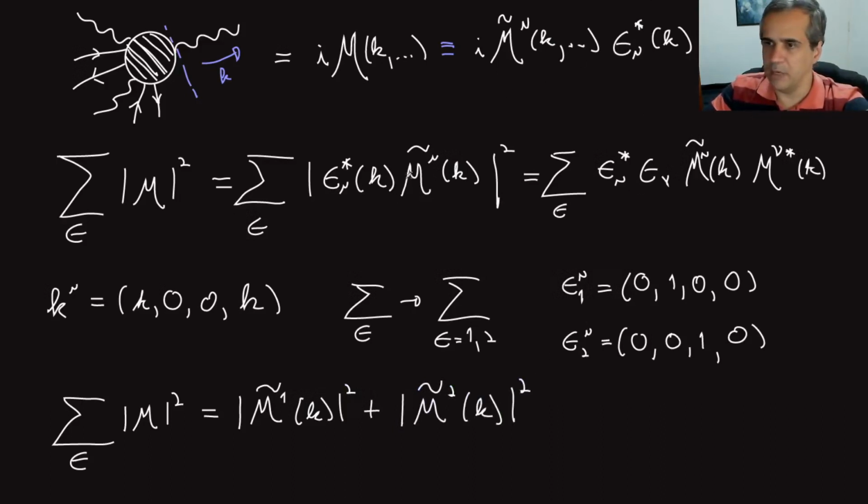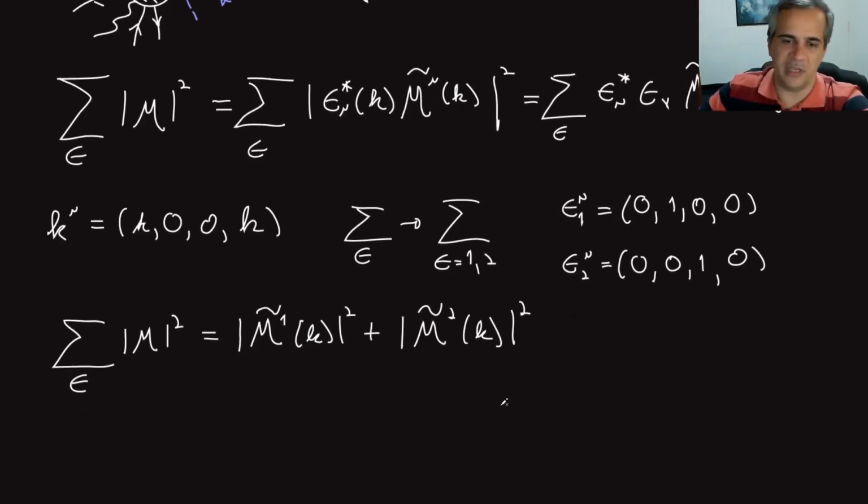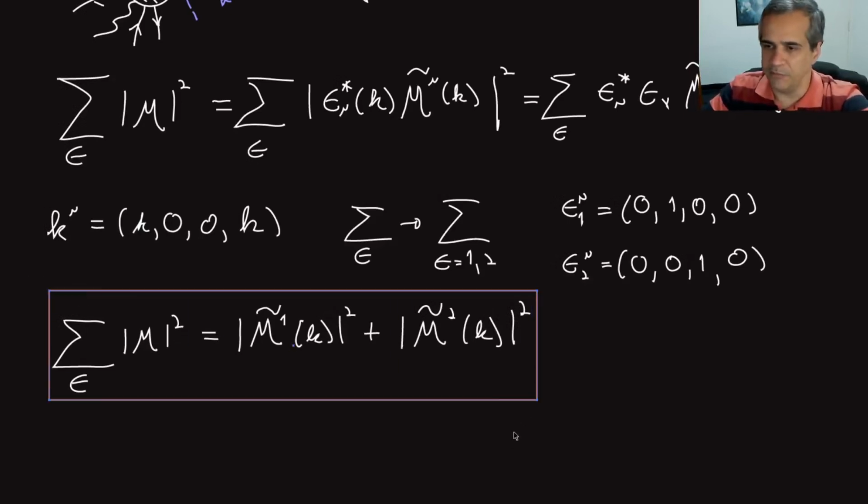So M has a Lorentz index, and only components 1 and 2 survive. All you have to do is to put these vectors in and sum over them. And then you see that this is the expression, and really this is what physically matters. This is really what a physical process will produce.